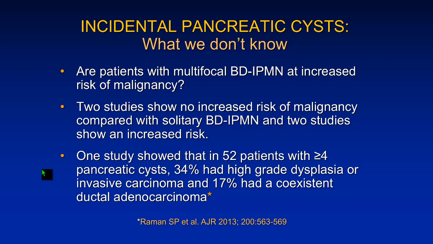So this is one of the studies that shows that there may be an increased risk in these patients with multifocal disease. So I think the jury is still out on this. There's conflicting information, and we need to learn a lot more about how to deal with these patients with multifocal disease.